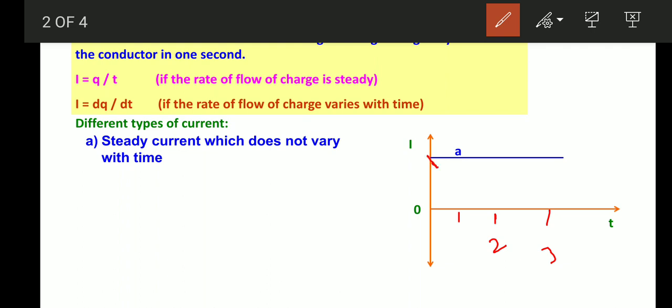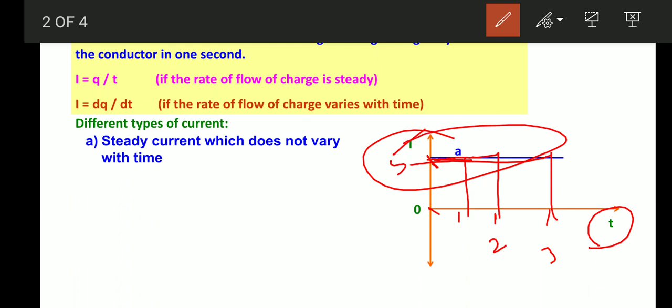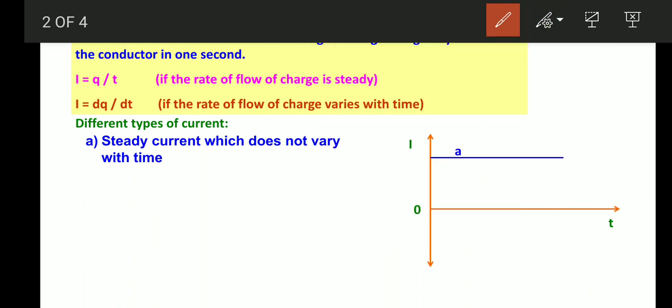Let's say the maximum current at 0 time is 5 ampere. When time is 1 second, the current is also 5 ampere. When time is 2 seconds, the current is 5 ampere. When time is 3 seconds, the current is 5 ampere. So as time is varying but the current is not varying, it is called steady current, which does not change.